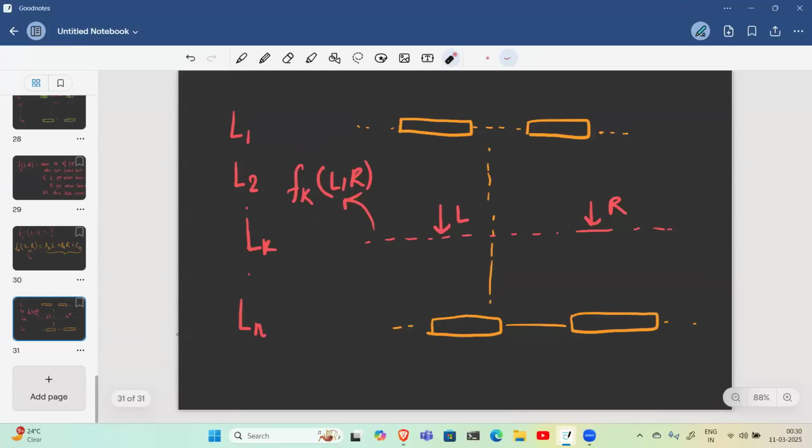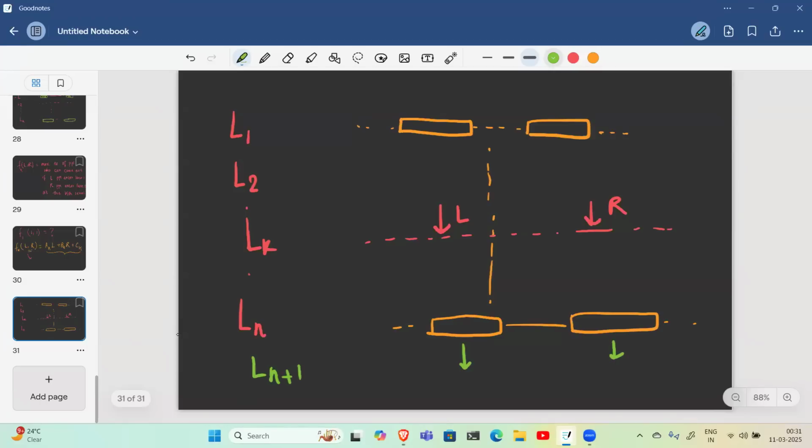Fine. Now let me try writing the base case. Here, this is the nth level, and the people who come out, let me call this the n plus 1th level.